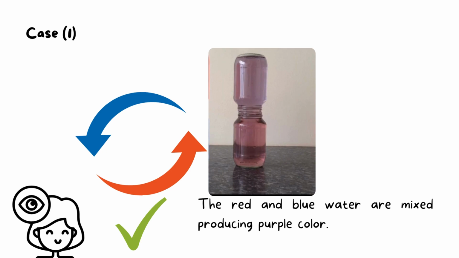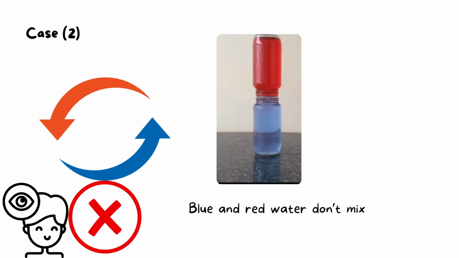In case 1, we observed that the red and blue water are mixed, producing purple color. But in case 2, the blue and red water don't mix. Remember that the blue color is the cold water and the red is the hot water, okay?